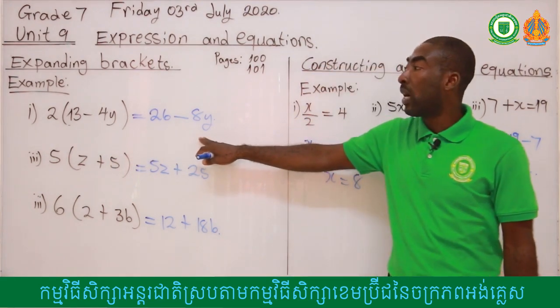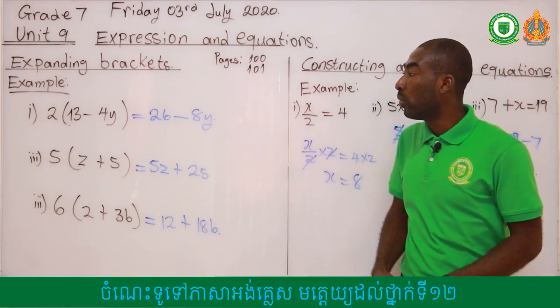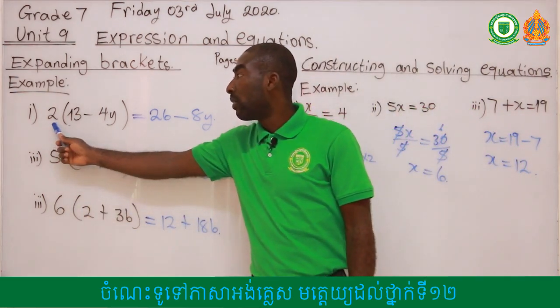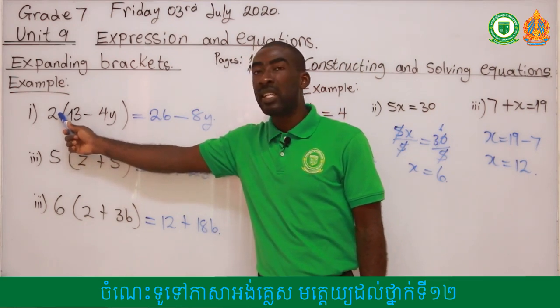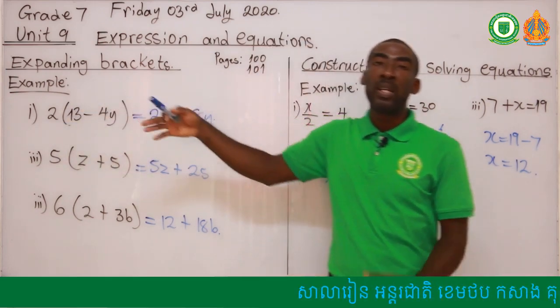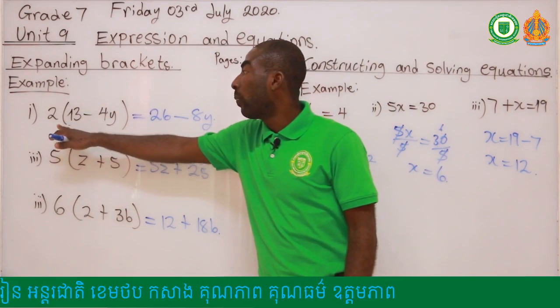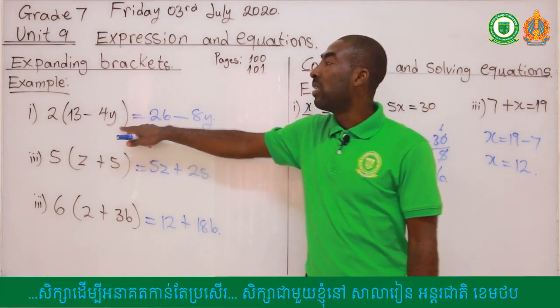So once you know how to solve it, it becomes very easy for you to do it. Please always know that when there's a number here that is close to the bracket, without you seeing any sign here, the relationship between the number and that of what is in the bracket is a multiplication, okay? So what is outside actually multiplies everything inside, okay?